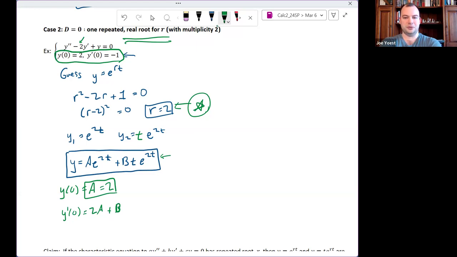So I did do a product rule, but the term that keeps the t from the product rule, we plug in 0, that zeroes it out. The term that loses the t, we get an e to the 0 times b, that's just b. So 2a plus b has to be -1. Or 4 plus b equals -1. B has to be -5.